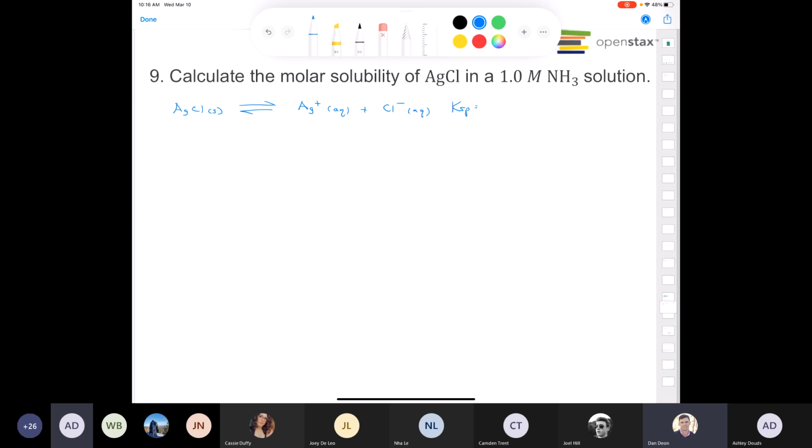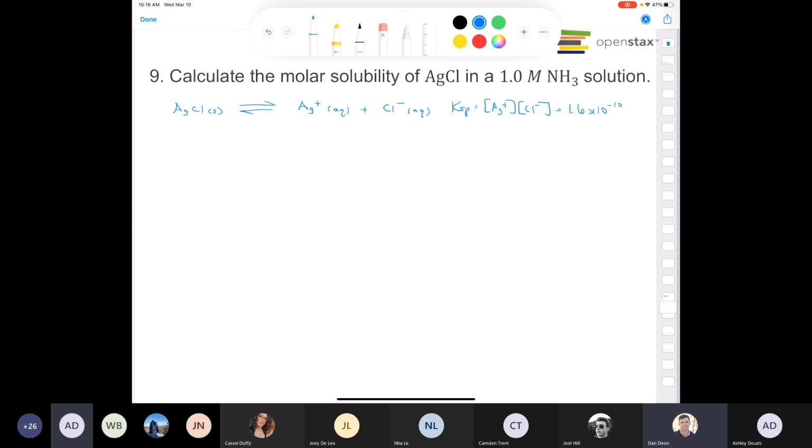The Ksp is equal to the concentration of silver ions times the concentration of chloride ions. And that Ksp, which again, I would have to give you, I'm not going to ask you to memorize a bunch of Ksps, that's ridiculous, is 1.6 times 10 to the negative 10. You could look that up in Appendix K if you want.